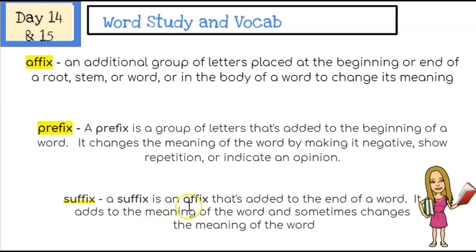Now let's take a look at suffixes. A suffix is an affix, which we talked about earlier, and we said is a group of letters placed at the beginning or end. So a suffix is an affix that's added to the end of a word, and it adds to the meaning of a word, and sometimes changes the meaning of the word. Let's take a look at some suffixes right now.